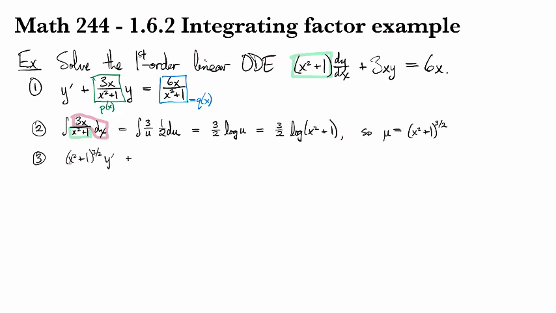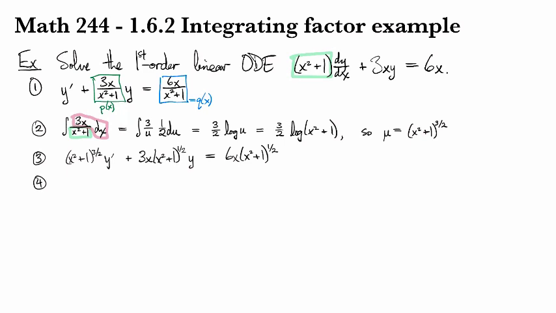And then I'm going to have 3x times x squared plus 1 to the, and now I've got 3/2 minus the 1 in the bottom, so that's a total exponent of 1/2. And then on the right-hand side, same kind of thing happens. There's an x squared plus 1 in the denominator, so that's going to cancel one factor of this thing and just leave me with a 1/2. Okay.